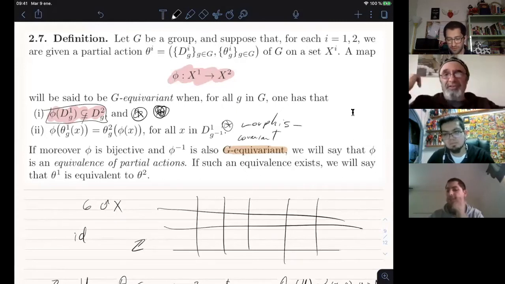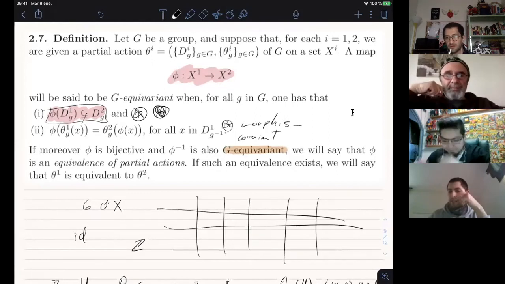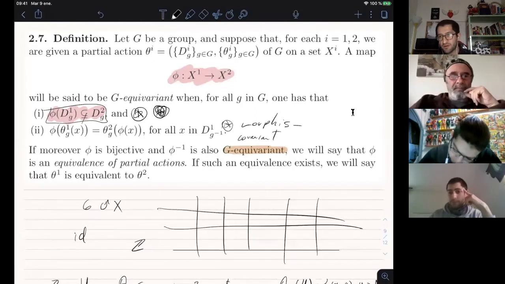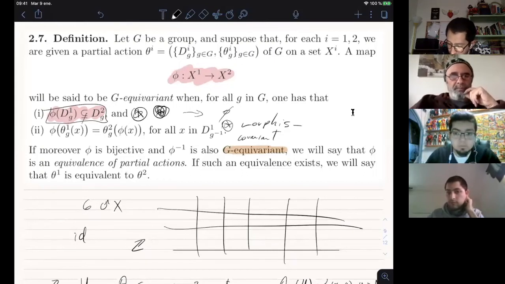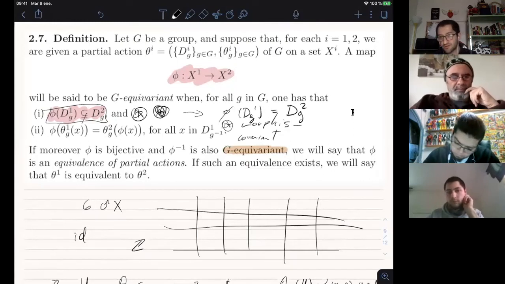I think it is. I think also because a sufficient condition for the inverse to be also equivariant is that we can change this condition to the equal one. If we change it with this one, then we have automatically that the inverse is also equivariant.